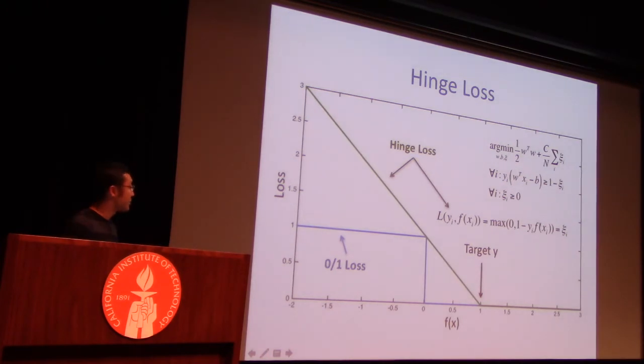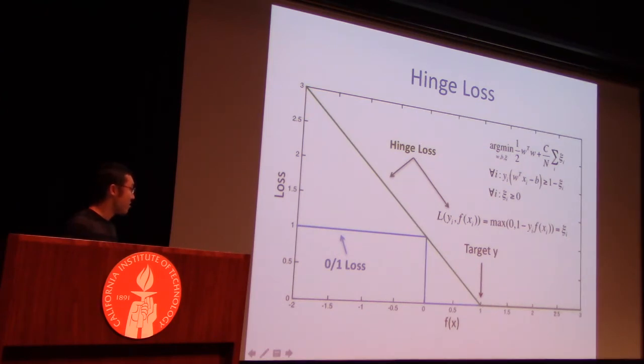In fact, the loss increases linearly as the score of the function disagrees with the label at a linear rate. And as long as the score of the function is above +1 for positive y, then the loss is always going to be 0.